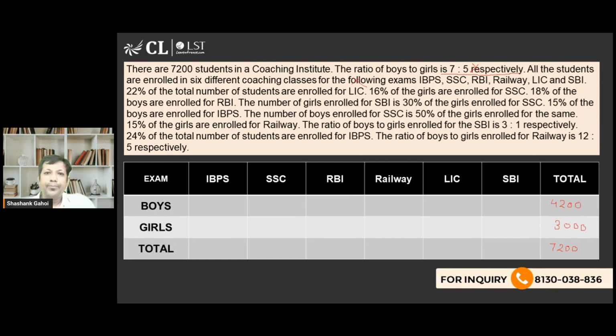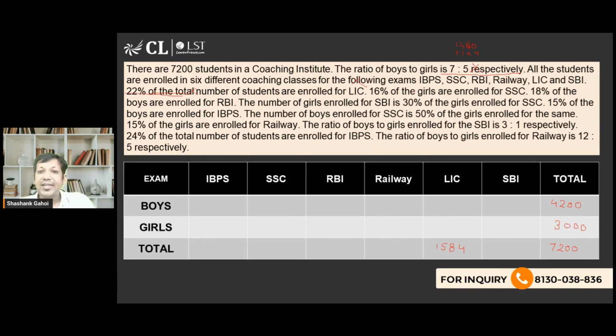That is 20% of 7,200, so 20% is 1/5, and 1/5 is 1,440, plus 2%. 2% is 1/10 of this, that is 144. So the value for LIC comes out to be 1,584. We have also used this value of LIC.